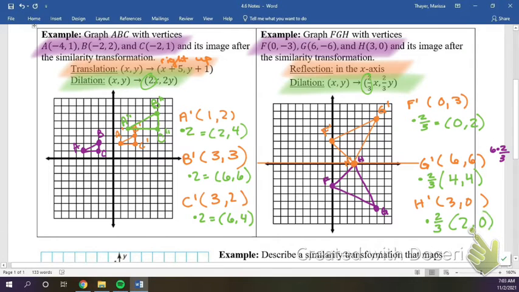And then 2/3 times 0 is still 0. So my new coordinates are going to be 0, 2, 2, 0, and 4, 4. Make sure you label double prime. Very good.